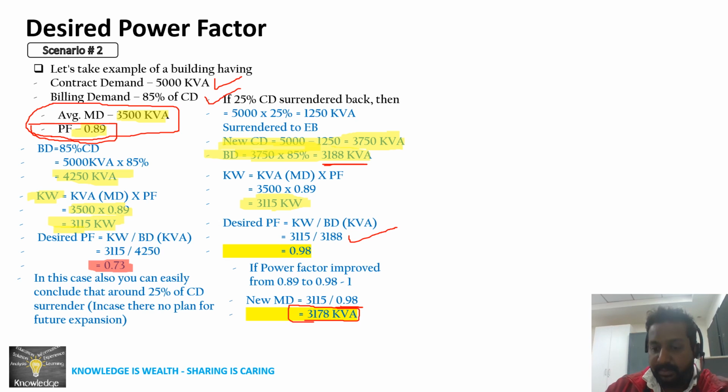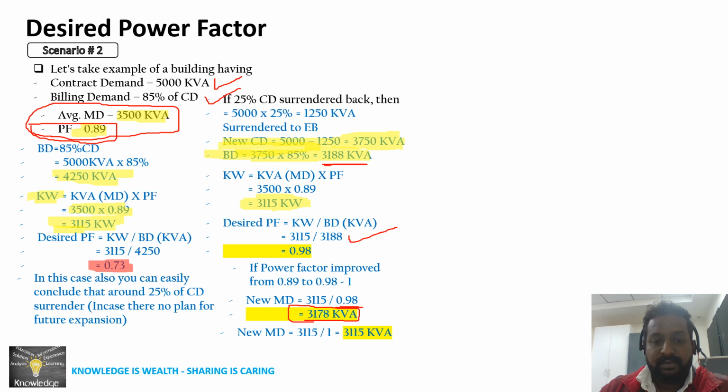So if you want to keep a buffer in billing demand, 10%, 15%, you can always go for a higher power factor in this scenario. If we have sufficient capacitor bank that will satisfy our full inductive load at the building, then we are able to maintain unity power factor. At unity power factor, kilowatt is equal to kVA.